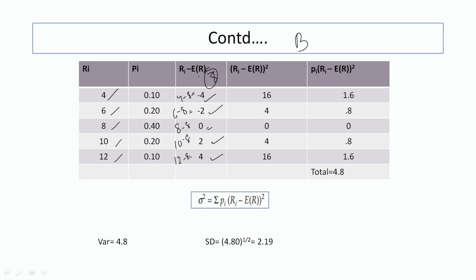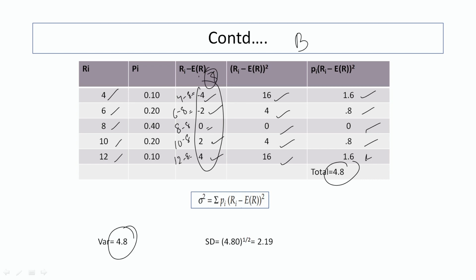So, Ri minus expected return is this particular value. Now, square this value, we get 16, 4, 0, 4 and 16. Now, if we multiply this deviation with the PI value, we will get 1.6, 0.8, 0, 0.8 and 1.6. The total of this is 4.8. So, our variance is 4.8.